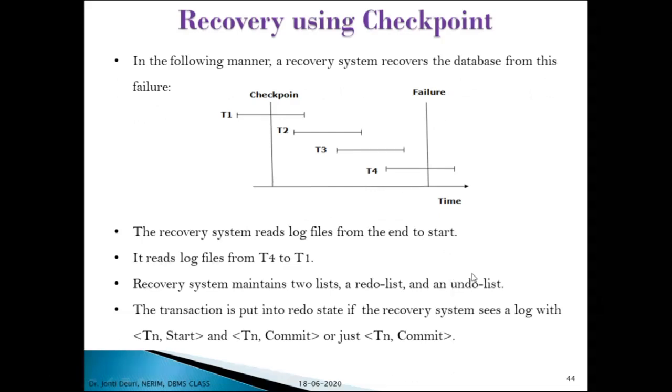In the redo list, the transactions that come are those where the log has start and commit together, or only commit. But in the undo list, we put the ones where there is only start, with no commit or abort statement, right?